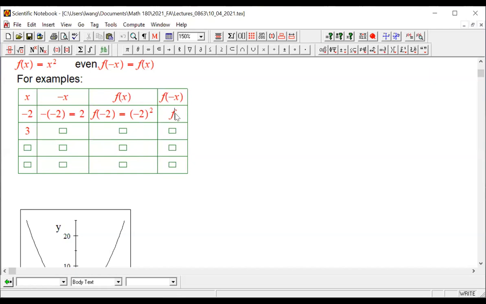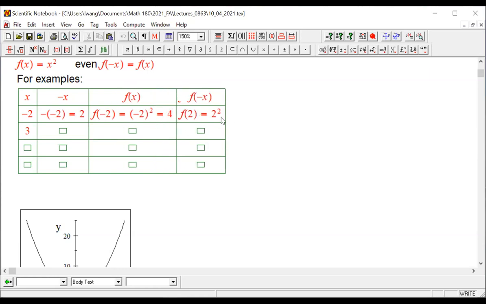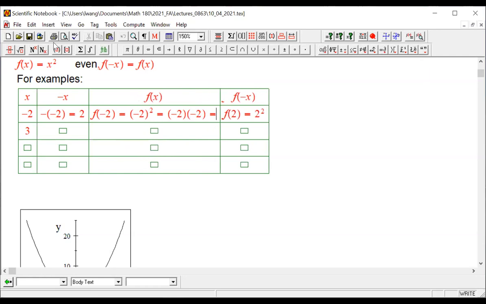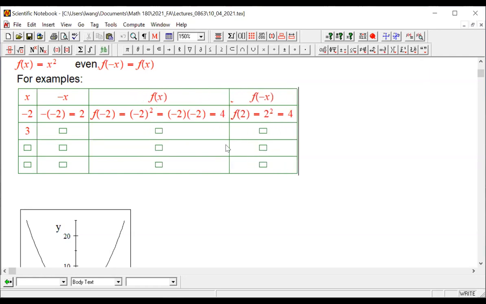And f of -x, -x is 2, and that's going to be 2 squared. And this guy equals 4, because -2 squared is -2 times -2. It equals 4. 2 squared is 4. You guys see the example?